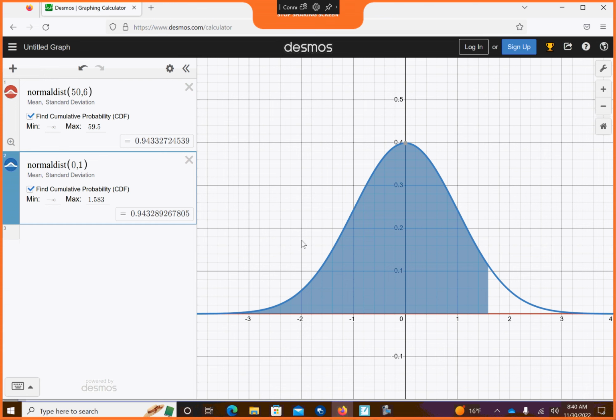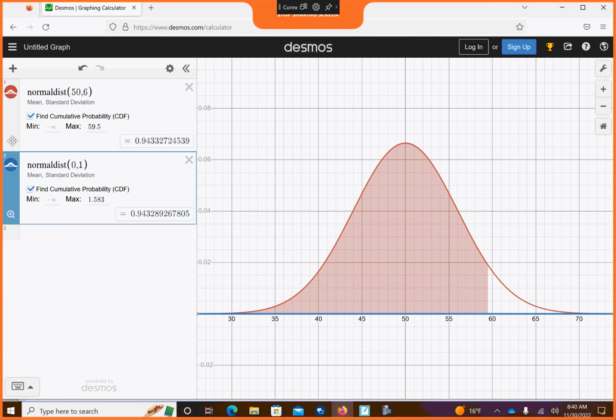Okay, so here's the key when you're working with a normal distribution. You're welcome to use Desmos and say, oh, it gave me the mean, the average, the standard deviation, and the score. And that's going to work for your normal distribution. This is what that normal distribution looks like.